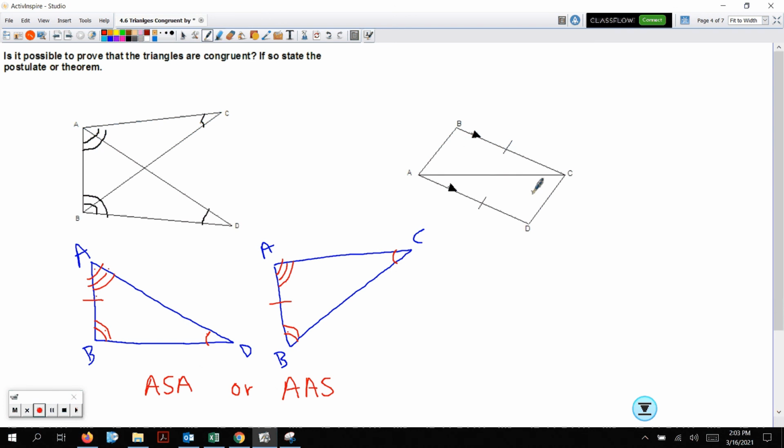So here I have another pair of triangles. Remember that these little marks mean that BC is parallel to AD. So maybe we do want to make a note of that. BC is parallel to AD. When you have parallel lines, you're going to have alternate interior angles of some sort, usually. I shouldn't always generalize that, but this and this, they're alternate interior. Angle A, alternate interior.